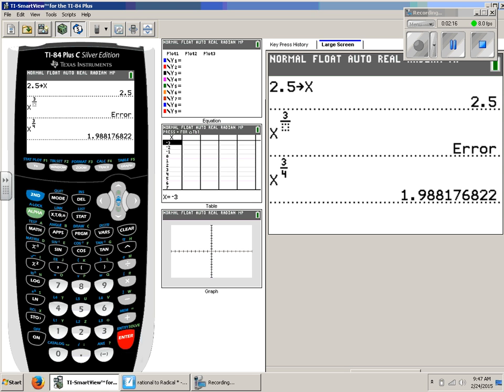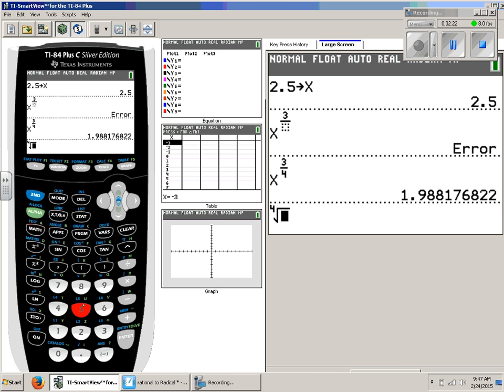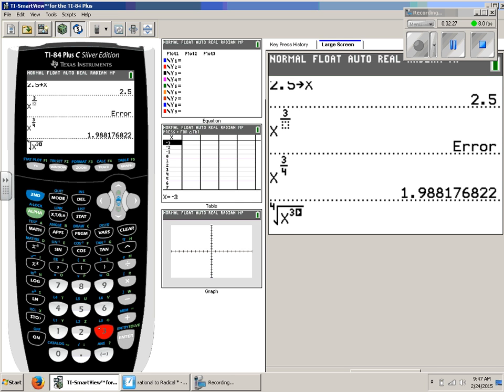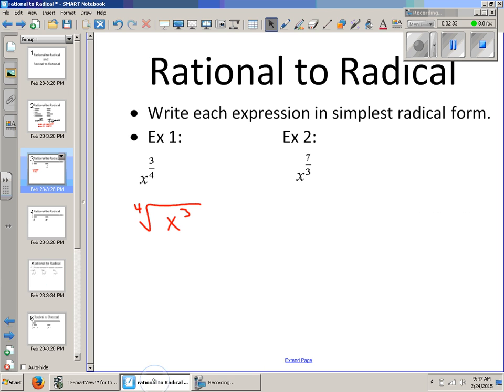Okay, and now let's put in the fourth root. So we're going to do 4 math 5, x cubed. Notice these two numbers are the same, so that means we have the correct answer.